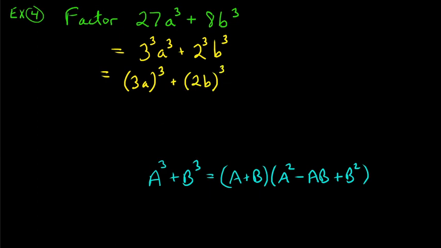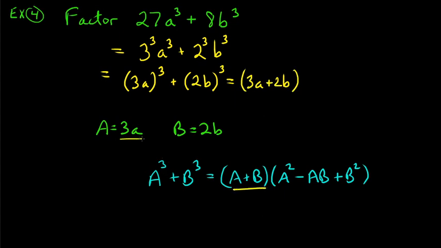Okay, so by doing that, we should be able to identify capital A is really just 3 times little a. And capital B is just 2 times little b. Okay. Right. Now we can write out the factoring here. Right? A plus b is 3a plus 2b. Or if that's confusing, capital A plus b, right, is 3 times little a plus 2 times little b.